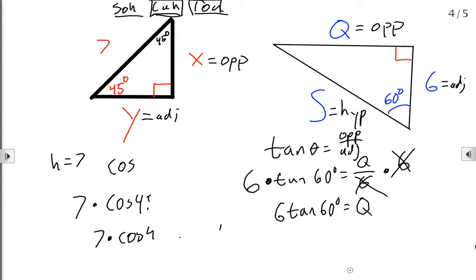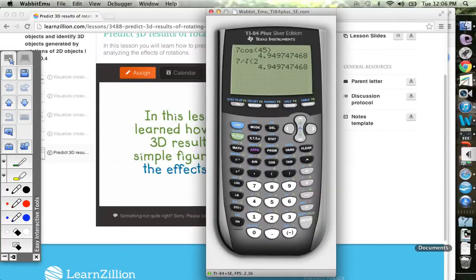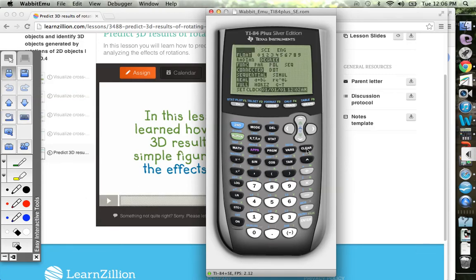Once again, let's flip back over to our graphing calculator on the other screen. We're still in degrees, but it's always important to double check. So let's go back to mode. Yep, we're in degrees, so we don't need to fix that. And we just need to do 6 tangent 60 degrees. And we get a value of 10.392. So let's go ahead and write that in as our answer.